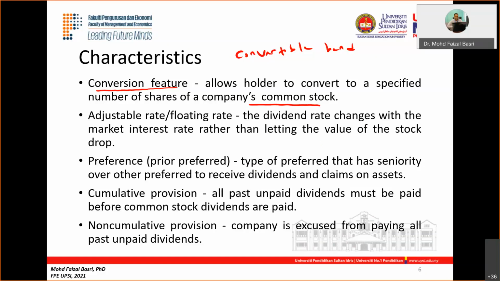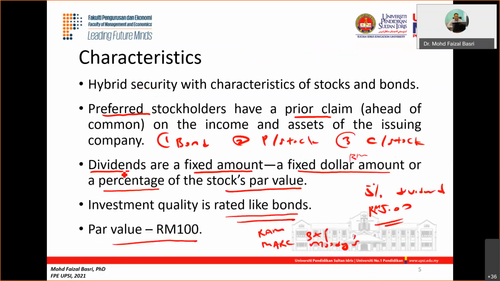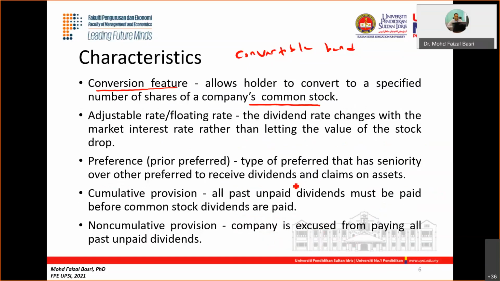But for preferred stocks, for the dividends, and this applies to both preferred and common stockholders, but we are talking about preferred now, you are going to pay them dividends, and the dividends are fixed. But unlike coupons, dividends are not compulsory in terms of payment.